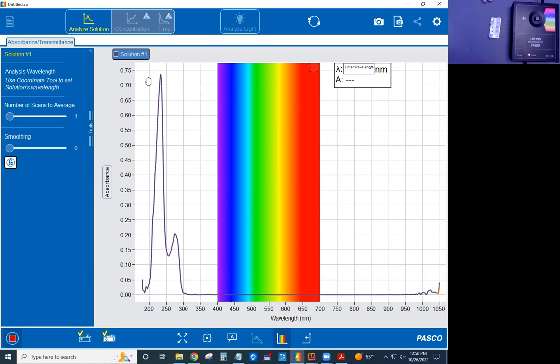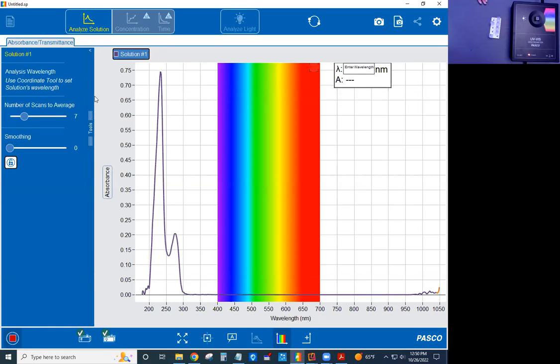And that's because, remember, there's barely any solute in these solutions. So I'm going to experiment with the number of scans to average here on the left side. That means this peak will be more averaged out over more than one reading. So I am averaging 6, 7.